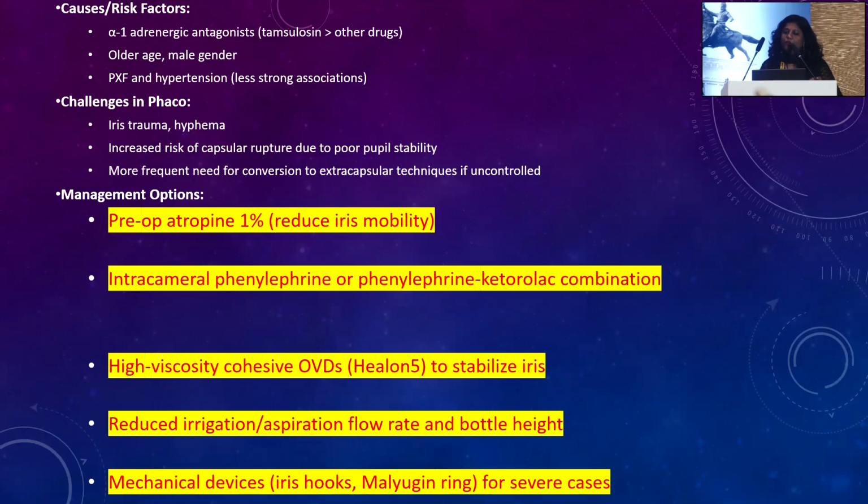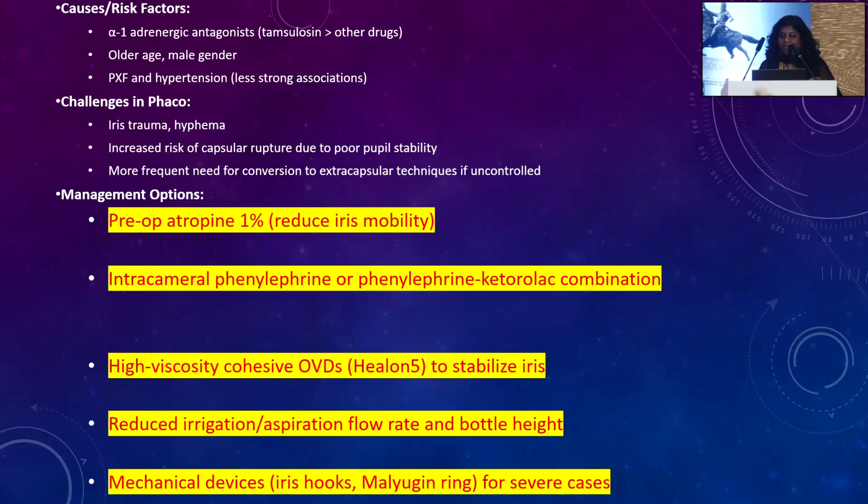The challenges in phaco are iris trauma, hyphema, and increased capsular rupture. Management includes preoperatively 1% atropine, intracameral phenylephrine or phenylephrine ketorolac combinations, high viscosity cohesive OVDs, and reduced irrigation, aspiration flow rate, and bottle height. This is of utmost importance.